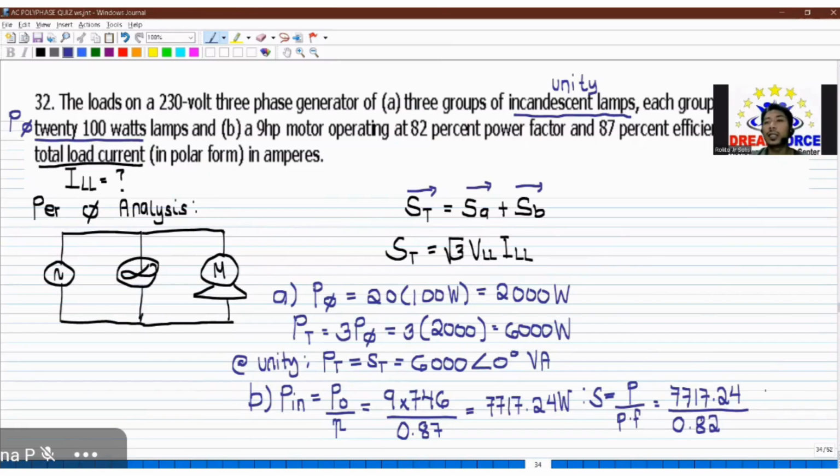Yung angle ni S is also the power factor angle. Ganun po ulit default: pag walang binanggit na type ng power factor, automatic assume mo is lagging. So if the case is a lagging power factor, yung sign ng angle for S is positive. So inverse cosine ni 0.82.